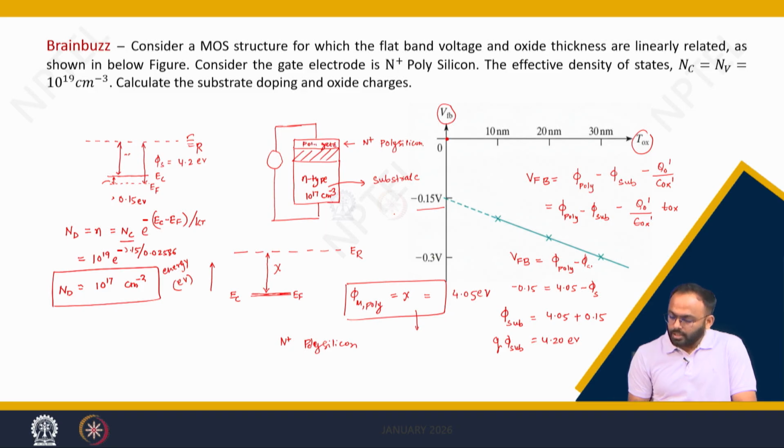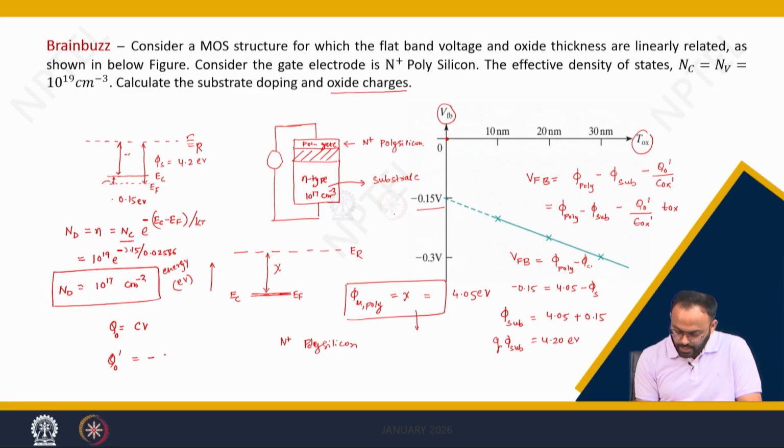There is another thing we need to calculate, which is the oxide charge. The slope of this curve is also helpful, in the sense that if we write Q equals CV, Q here can be oxide charge per unit area. So, Q naught prime can be given from the slope of this line.